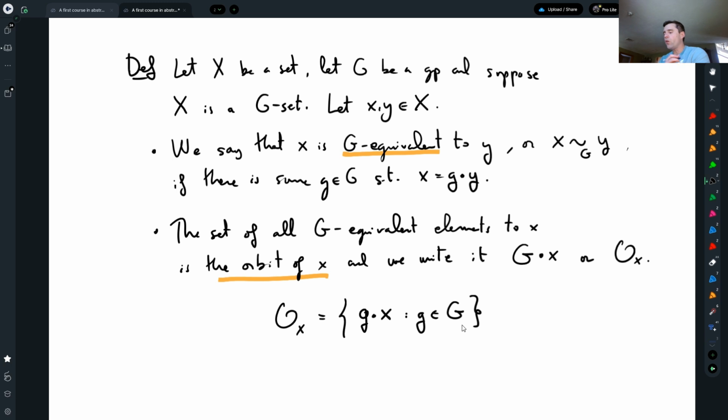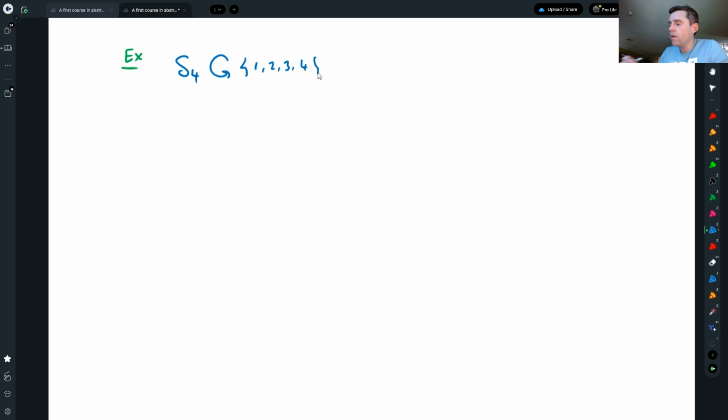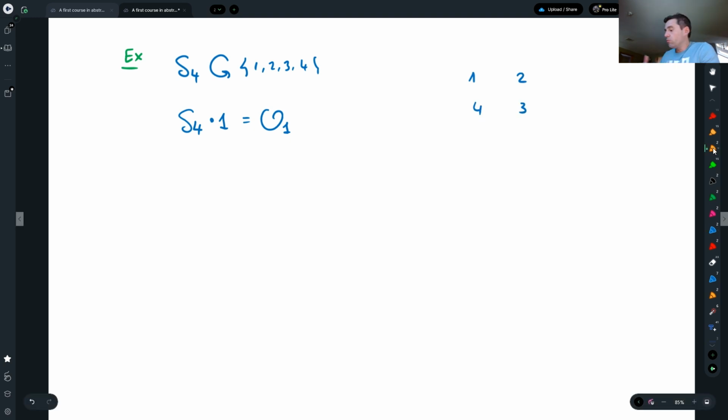Okay. So let's do an example. For example, let S4 act on 1, 2, 3, 4. Then what is the orbit S4 times 1, so the orbit of 1? Well, if you write 1, 2, 3, and 4, then the orbit will be every element that I can get to starting from 1.